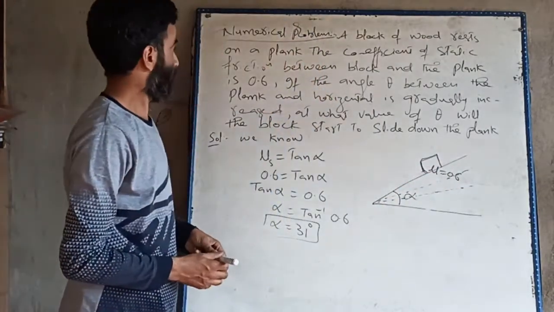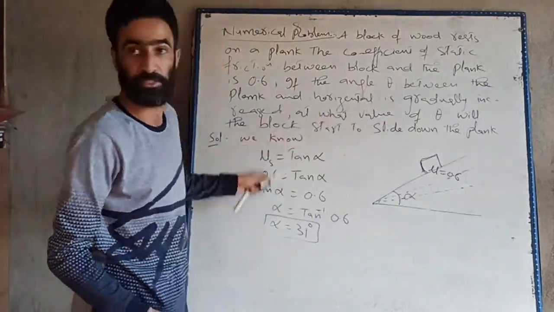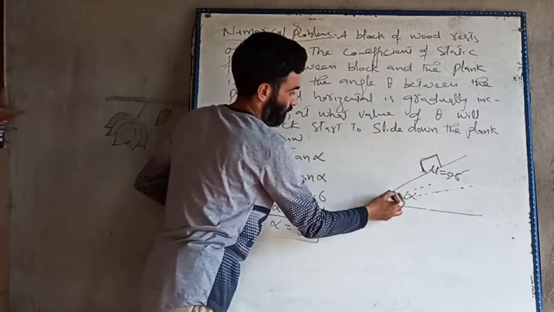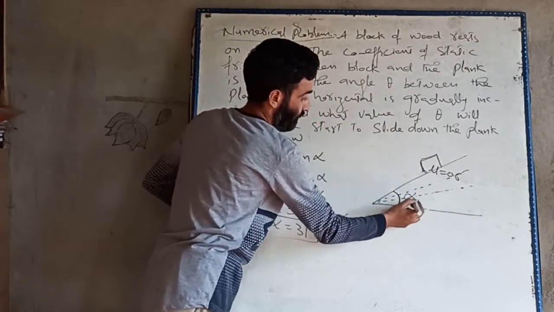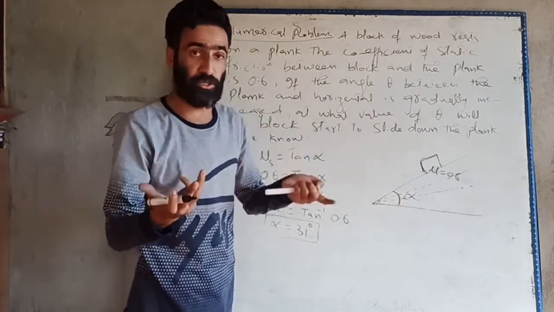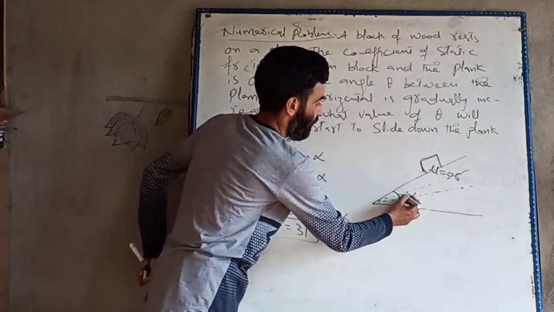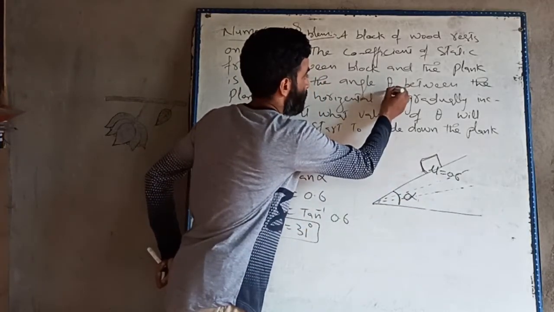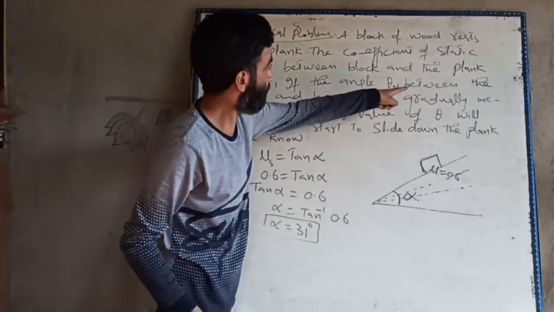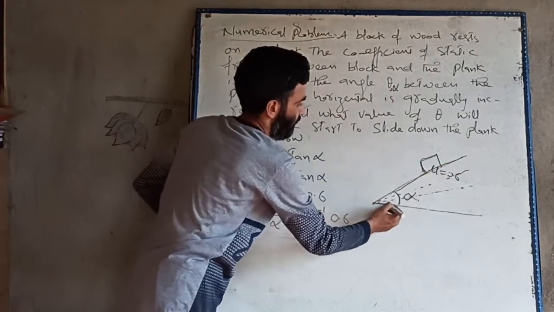If the angle theta between the plank and the horizontal is gradually increased, here this is the angle theta, or since we denote this angle by the angle of repose, let me denote it by alpha. This is the angle between the plank and the horizontal.